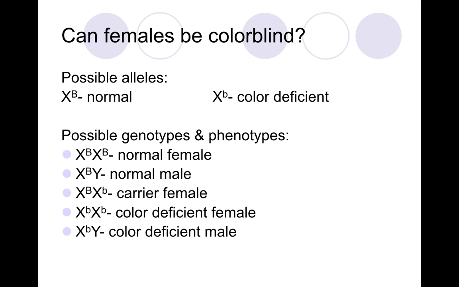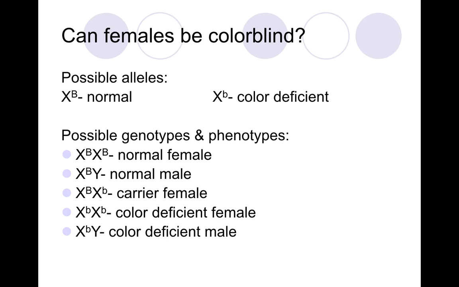Big X big B, big Y, normal male. Big X big B, big X little b, female carrier. Big X little b, big X little b, color deficient female. Big X little b and big Y is color deficient male.